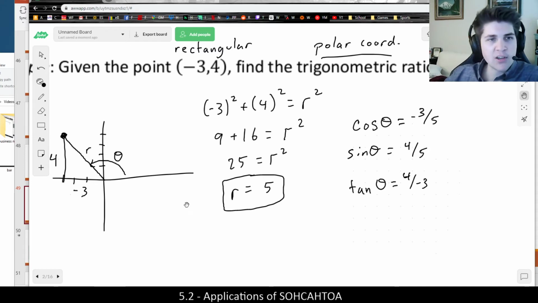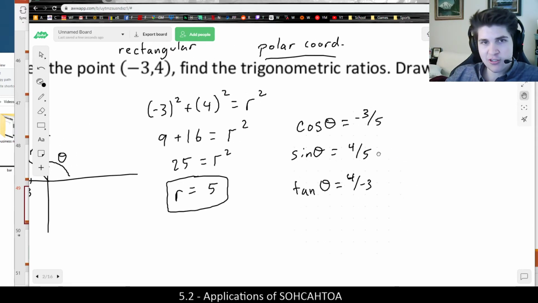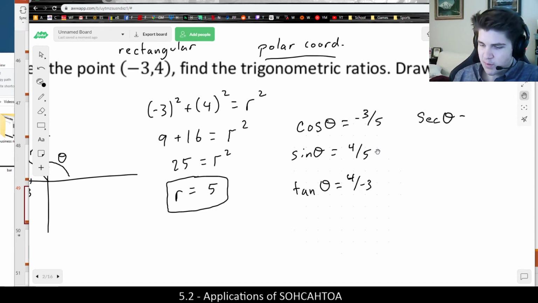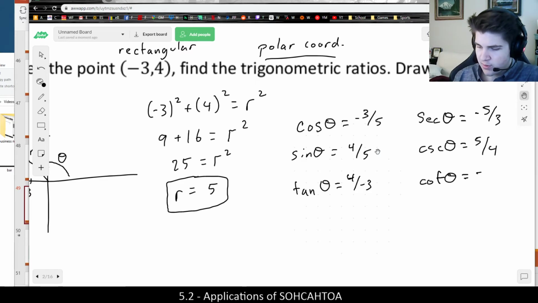Once I know the three sides of the triangle, since for the point I knew x and y, I could always find r, and once I find r, I could then find each of the trigonometric ratios. And if I wanted to find the other three, secant is the reciprocal of cosine, cosecant is the reciprocal of sine, and cotangent is the reciprocal of tangent. So I could find all 6 of those ratios.